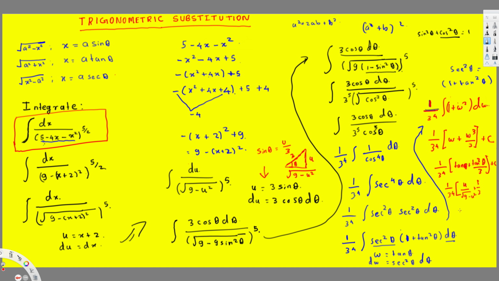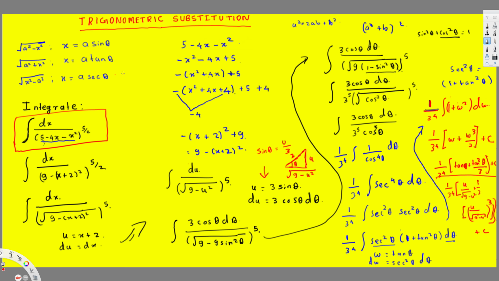So u over square root of 9 minus u square, all to the power 3, and then at the end a constant. It's a little bit messy right here.